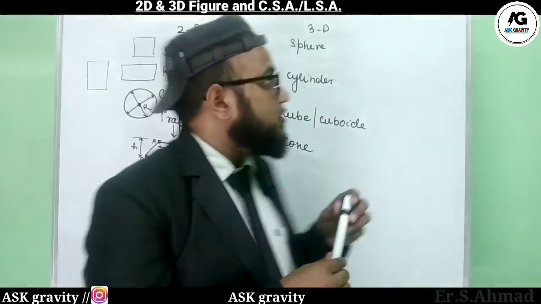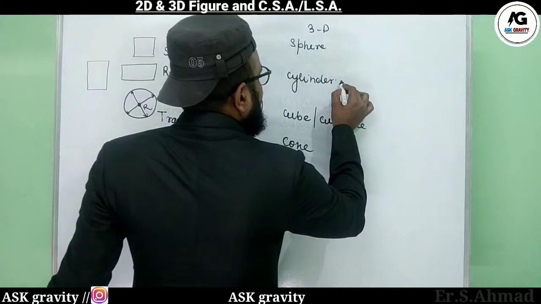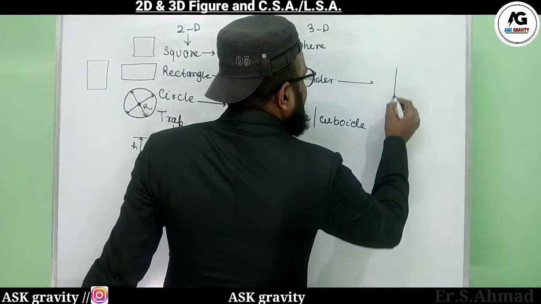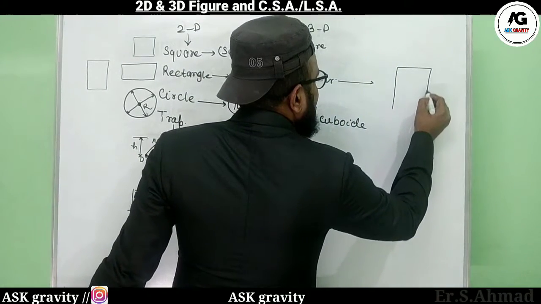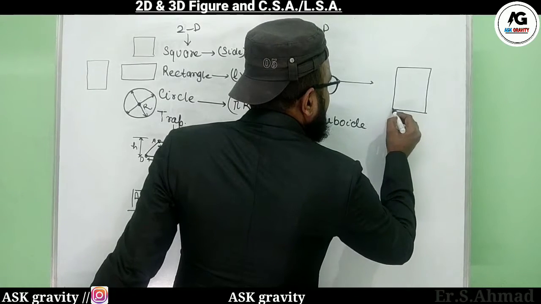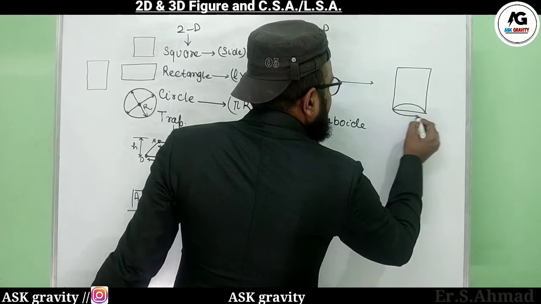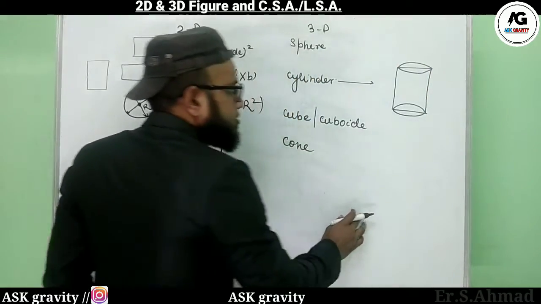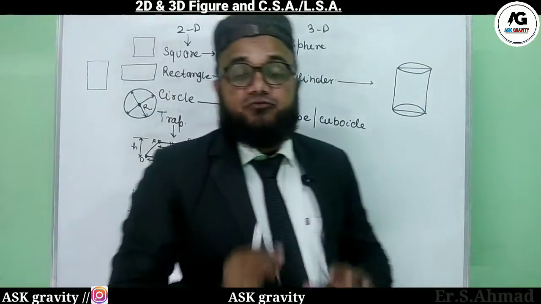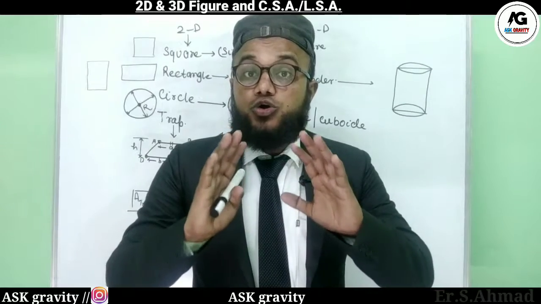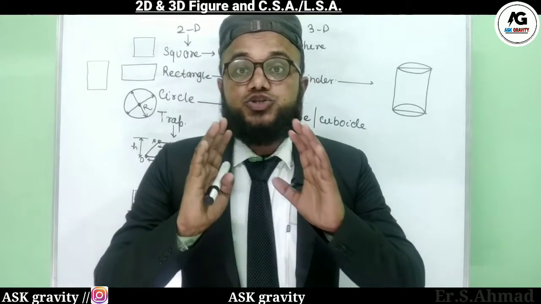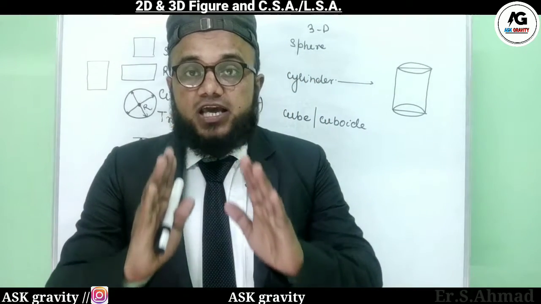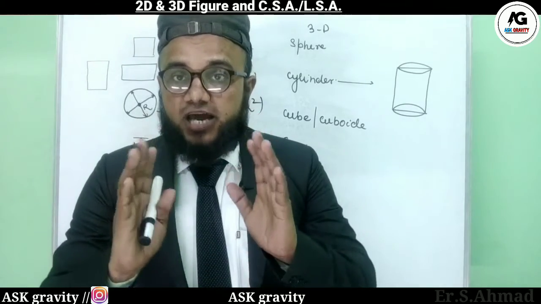And h is the height. Here we draw a rough diagram of a cylinder, taking an example like this, and both parts are circles. When the question is about how to find the base area, we have to be very careful when finding the area of a three-dimensional figure.